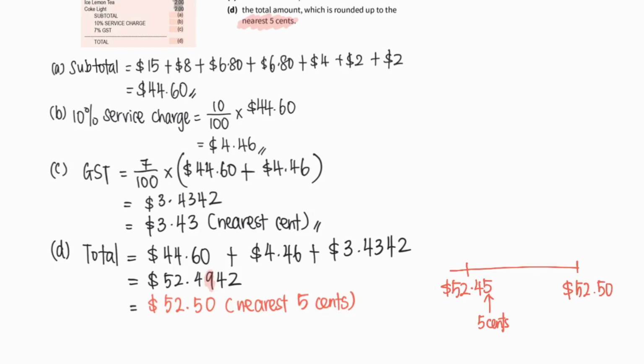That means we always increase by 5 cents, and our value here is actually at this point here, which is $52.4942. So it's closer to $52.50.